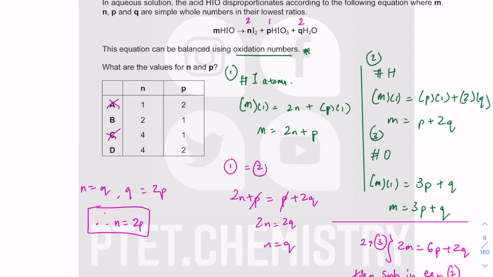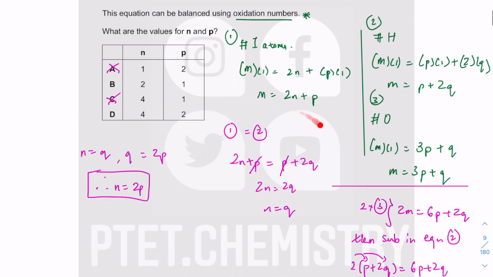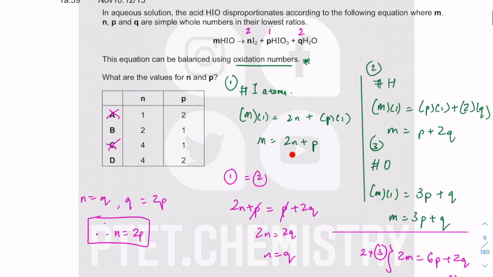And M, well, this was all M, right? M equal to 2N plus P, so 2 times 2 is 4, plus 1 is 5. If I have 5 hydrogen, there will be 1 hydrogen plus 4 hydrogen is 5. Iodine would be 5 iodine, so 2 times 2 is 4, plus 1 is 5.